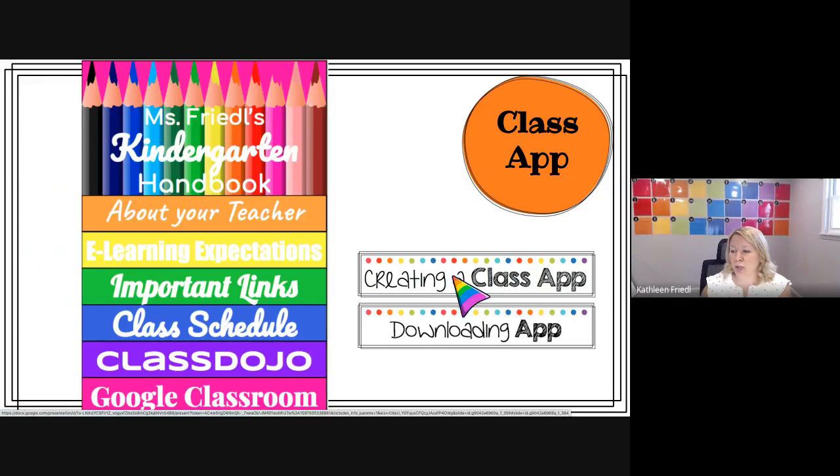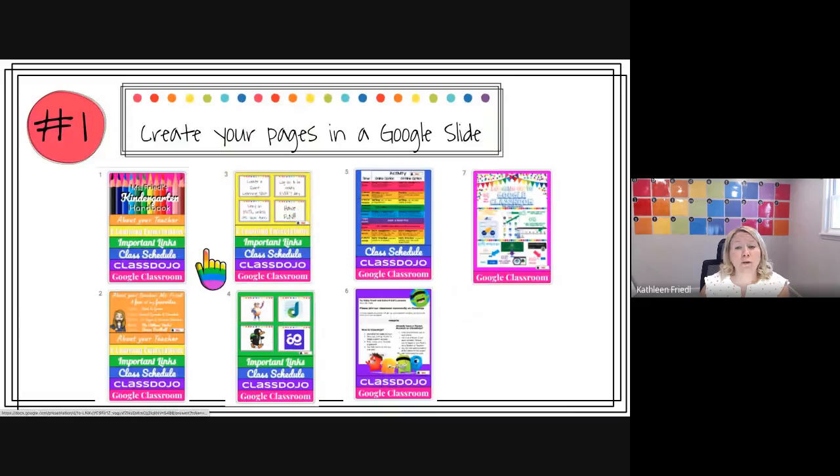In order to create it, we're going to go to Class Apps. The first thing that I did was design my home page, that first page. I figured out what colors I wanted and what I wanted it to look like. From there, I literally just copied it 6 more times. Then I went back to number 2, deleted this top portion, and made it longer of orange.